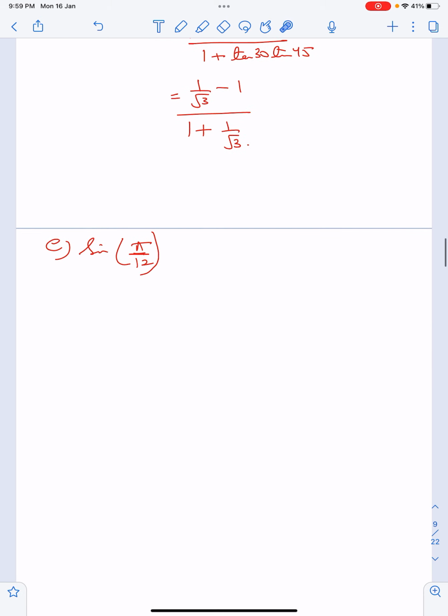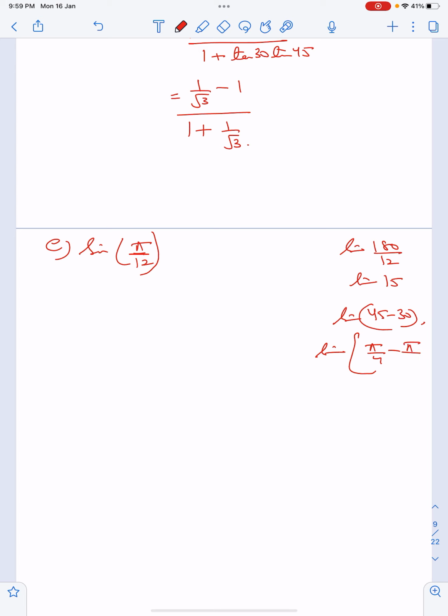First of all, I know pi is equivalent to 180. 180 divided by 12 is 15, and 15 I can get by 45 minus 30. The equivalent of 45 in radians is pi by 4, and the equivalent of 30 is pi by 6. So I am going to make it into sine of pi by 4 minus pi by 6.